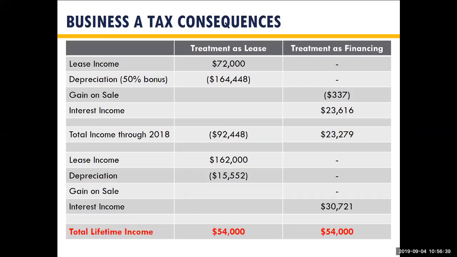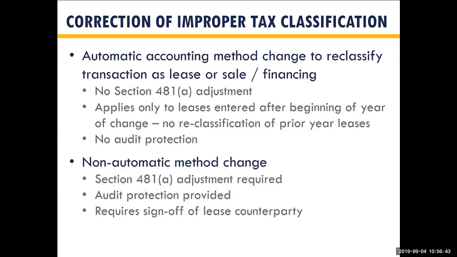So the key question that typically comes up is which party is entitled to the depreciation. And if we find out that we have misclassified something, so for example, it should have been treated as a lease and we treated it as a sale instead, there is an accounting method change we can file to reclassify that from a sale or lease to a financing or vice versa.